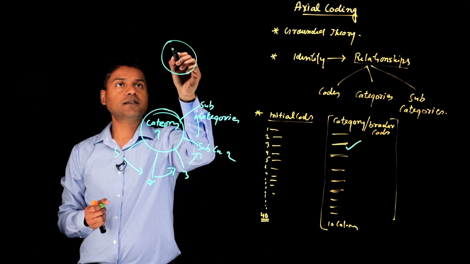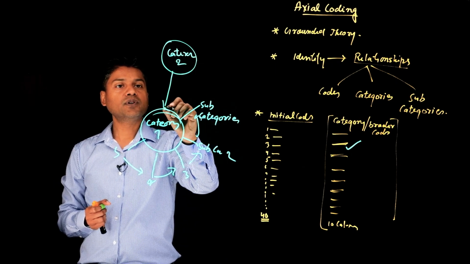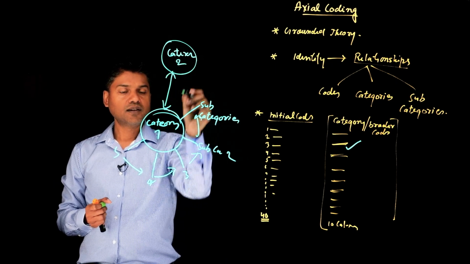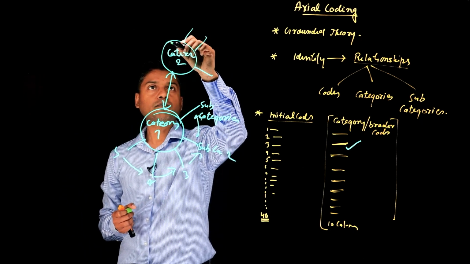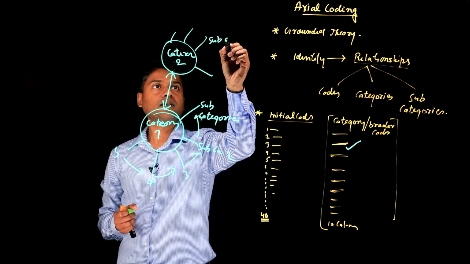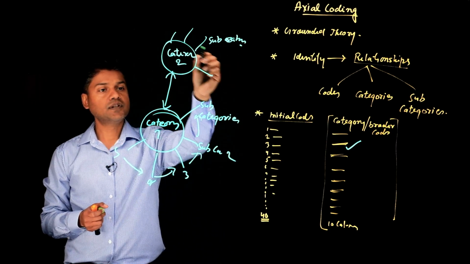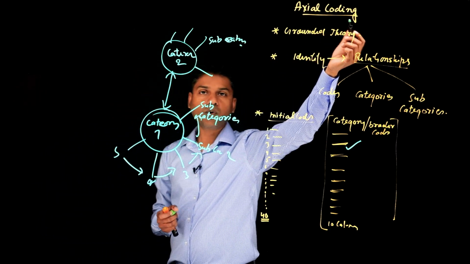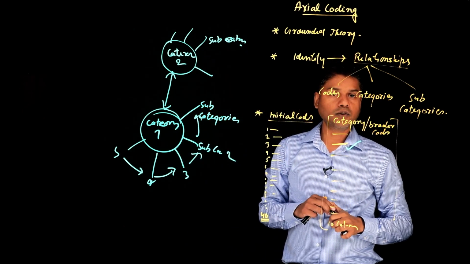Maybe there is category 2. And then you want to understand the relationship between category 1 and category 2, and also between subcategories. And this happens through axial coding. So that's briefly what axial coding is.